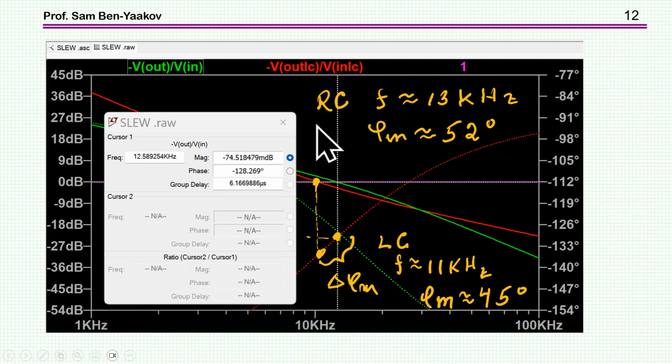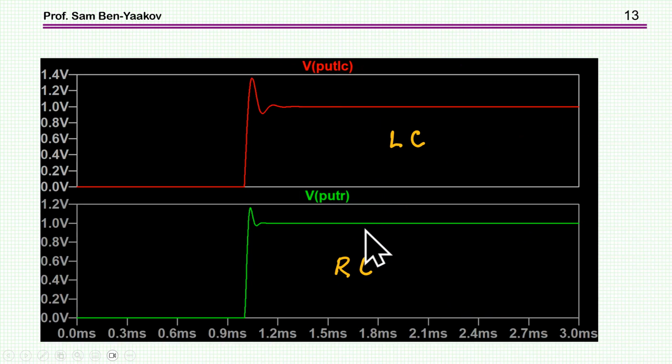For the RC, the crossover is 13 kilohertz, phase margin 52. Here it's 11 kilohertz and 45 degrees, which is pretty good. So the two systems are pretty much the same in terms of the crossover. And here are the responses, pretty much the same. So, of course, there is some difference.